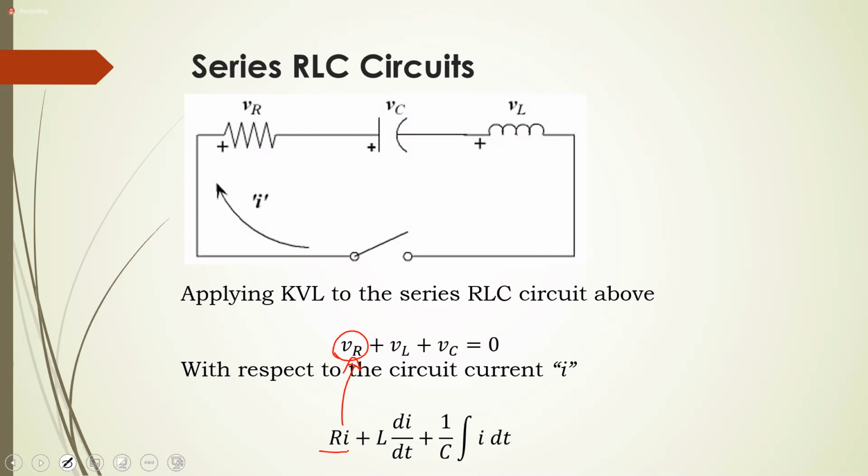For the inductor, that would be L di/dt. And for the capacitor, I is equal to C dV/dt, so V would be equal to 1 over C times the integral of I with respect to t.